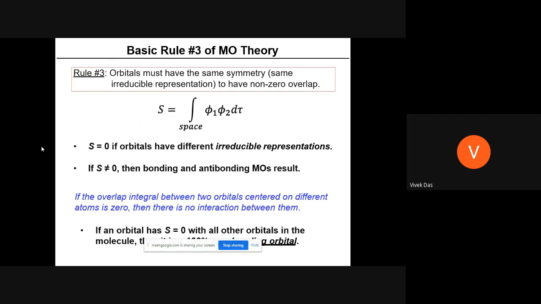They should belong to the same symmetry, the same irreducible representation. If the orbitals have different irreducible representations, the overlap is 0. And if the overlap is non-zero, then they must have the same irreducible representation.